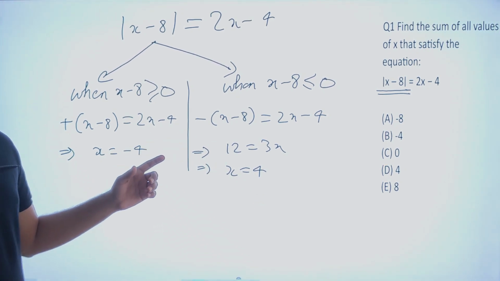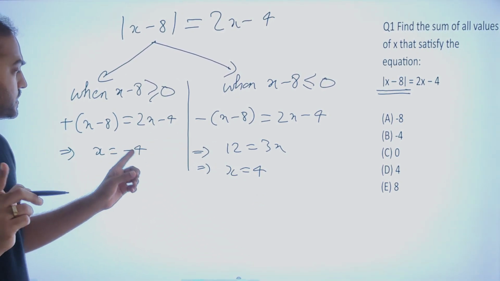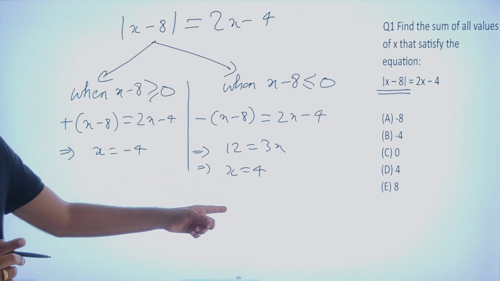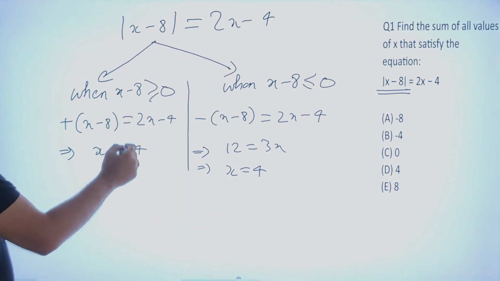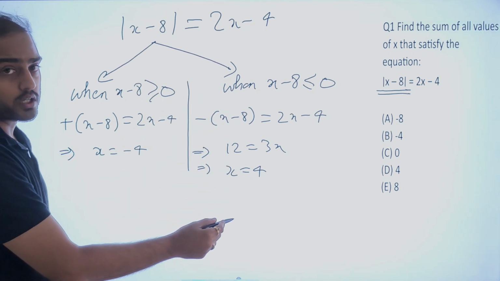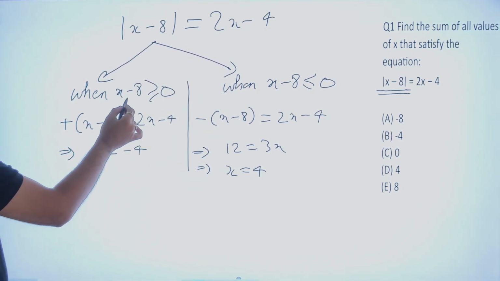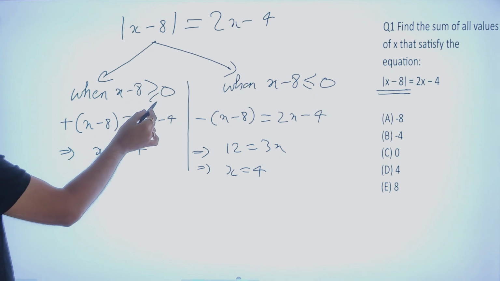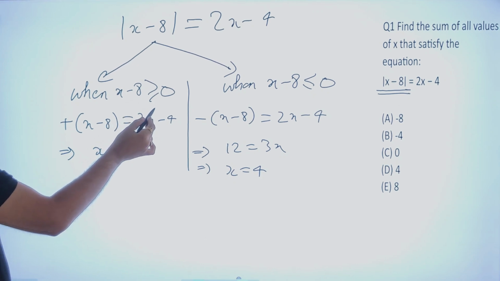Again, do not rush and say, okay, minus 4, 4, these are my answers. See, does it even satisfy the condition or not? Minus 4, if I put here minus 4 minus 8 greater than or equal to 0, not happening.